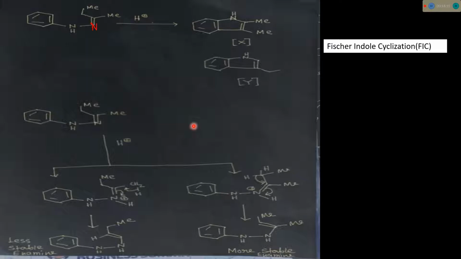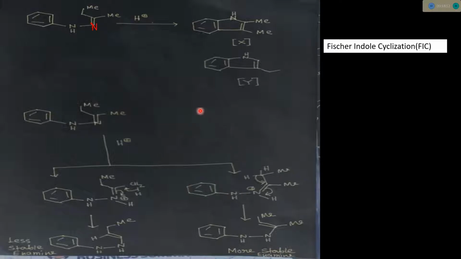The weak acid is less reactive and more selective. That's why it will proceed only along the path in which the more stable intermediate is formed.